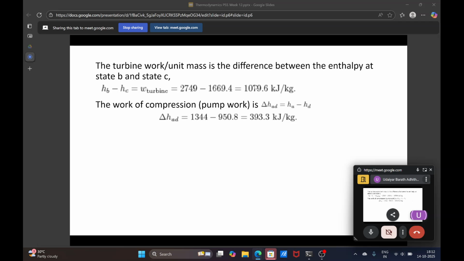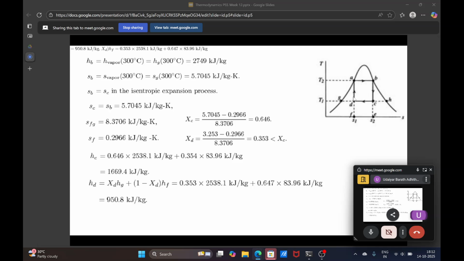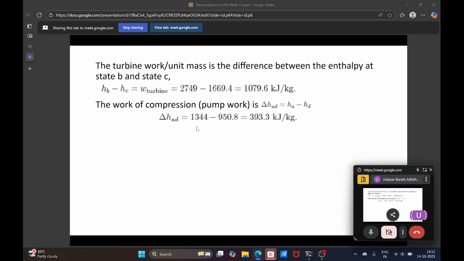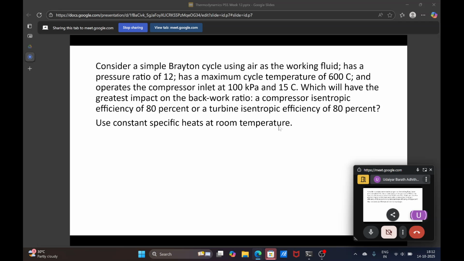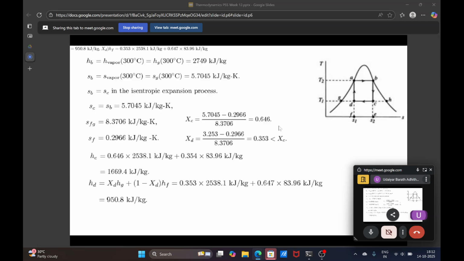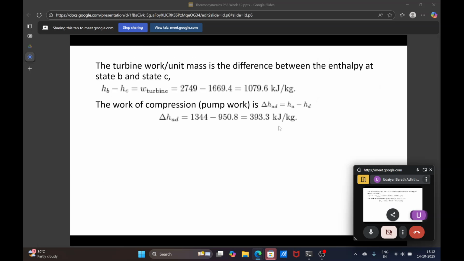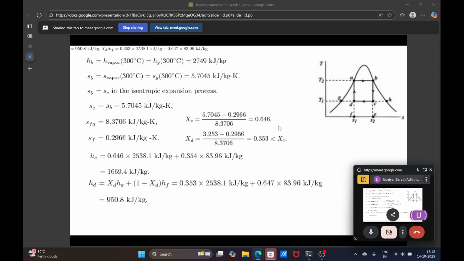And then similarly for compression between E and D, again the work is equal to the enthalpy difference. That comes out to be 393.3 kilojoule per kg. So this is just the difference between the expansion and the compression processes.